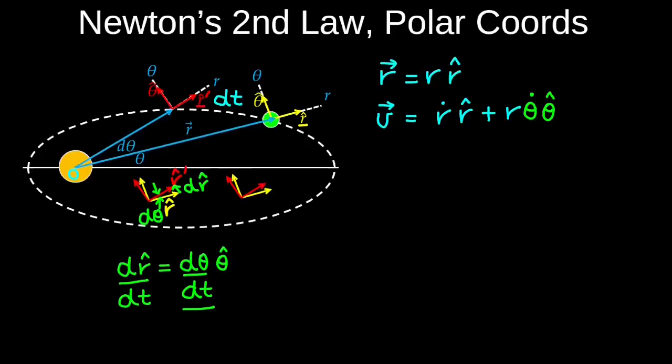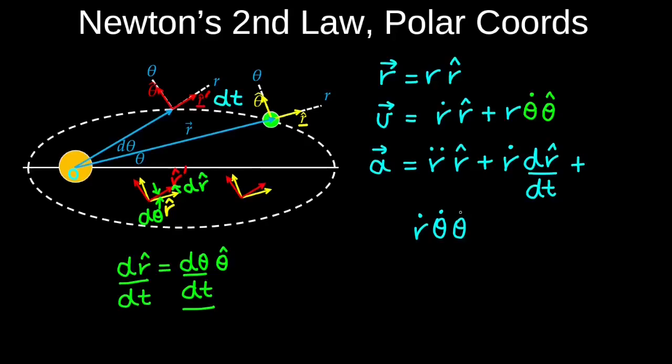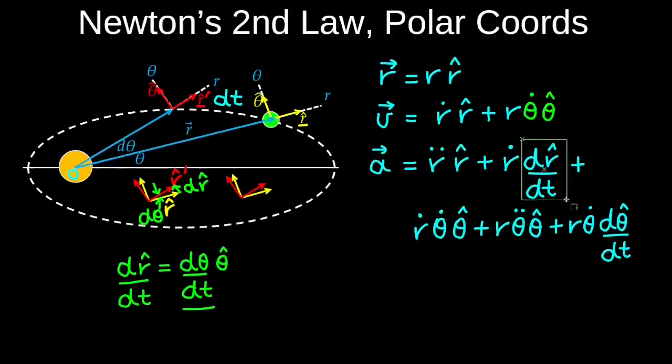And if we differentiate the velocity with respect to time, we get the acceleration. So again, using the product rule, so we already had an expression for dr dt.